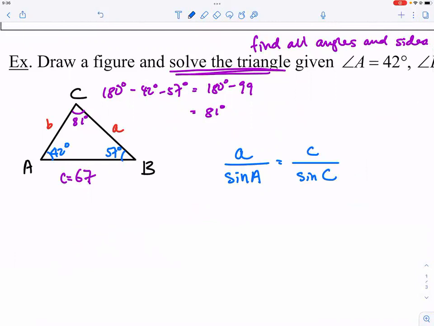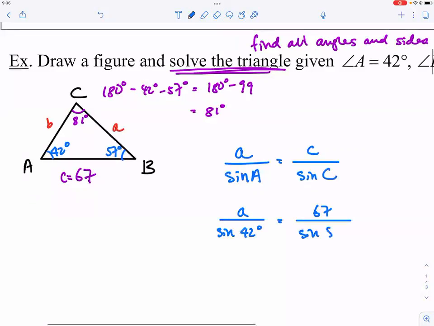Once we write down the equation, we have A over sine of 42 degrees, and then 67 over sine of 81 degrees.